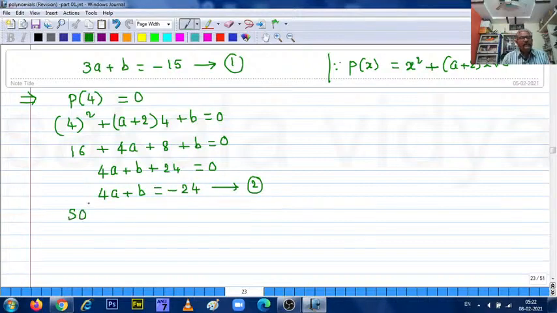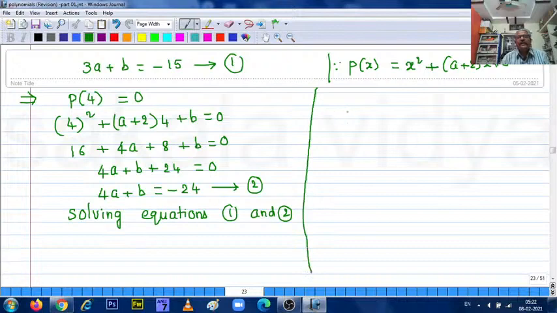Solving equations 1 and 2. You write down serially, but I write here: 3a plus b equals to minus 15, 4a plus b equals to minus 24.